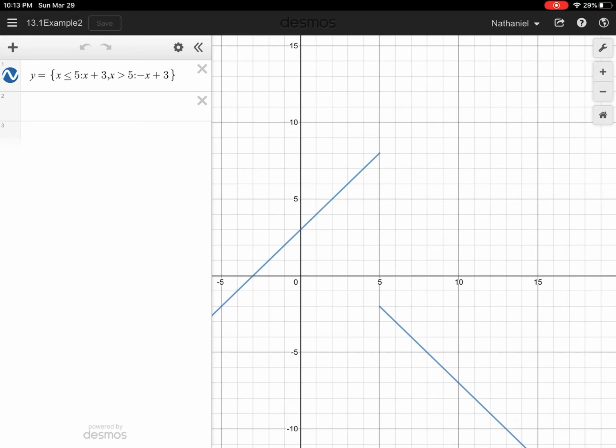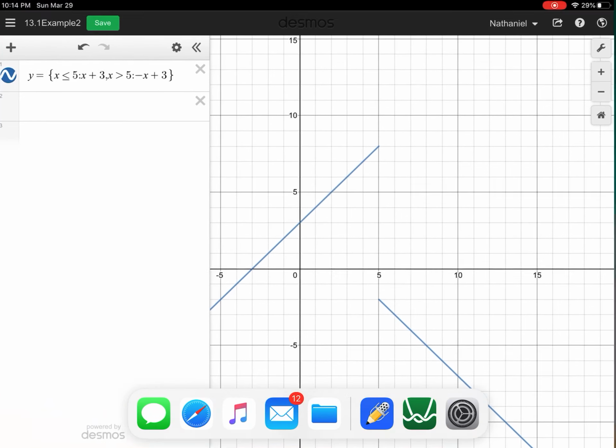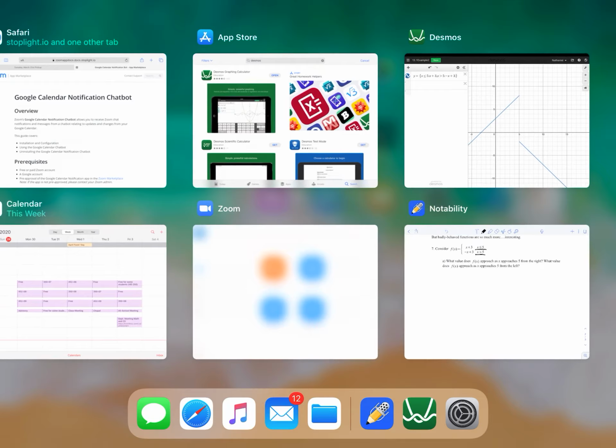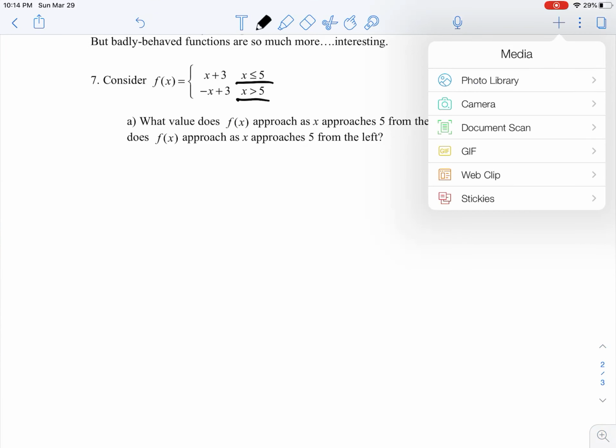And when we approach 5 from the left, that is values that were smaller than 5, such as 3, 4, 0, all of those values, as we follow the path of the line, they head towards 8. So that's curious. That would seem to bear a little more consideration. Let's pull this into Notability and then mark it up a little bit.